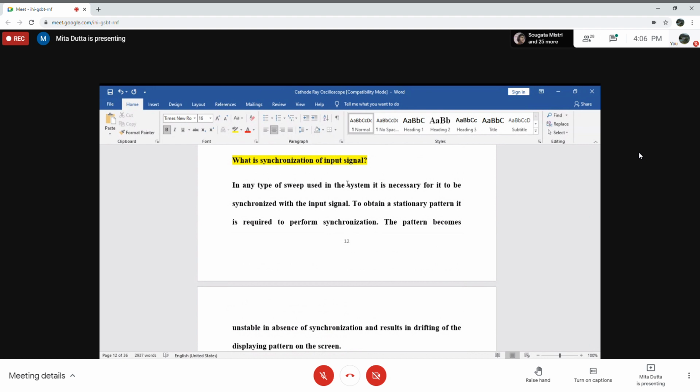amplifier is used externally, which is marked as EXT on the front panel of the oscilloscope, then it is used to amplify the external signal which is applied to the horizontal input terminal of the oscilloscope.